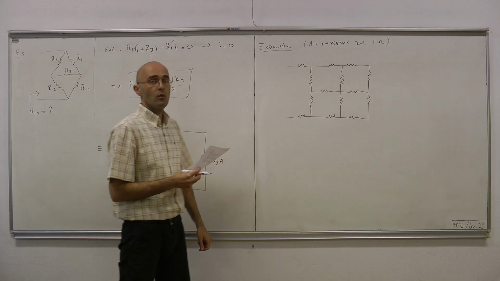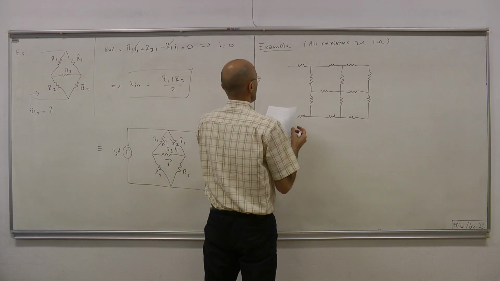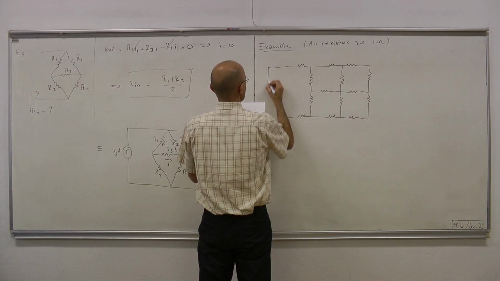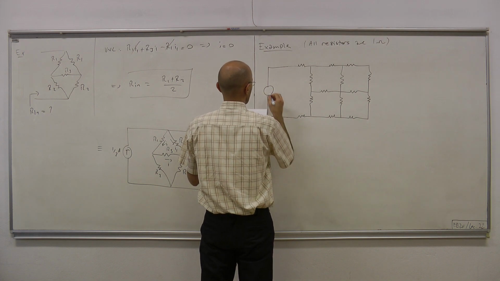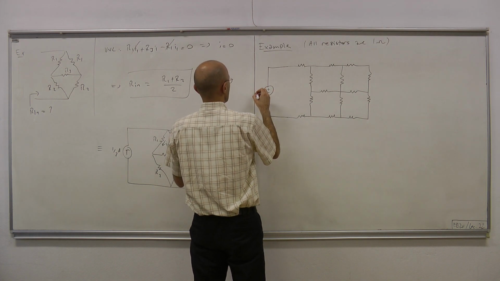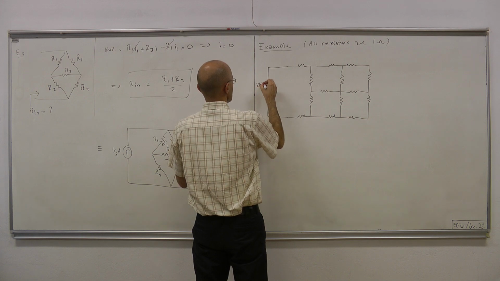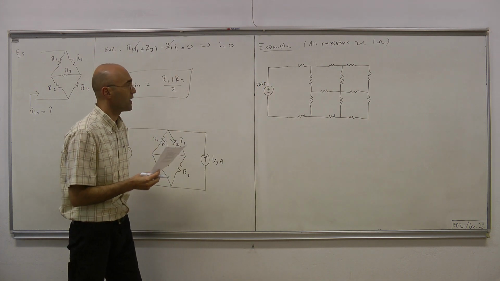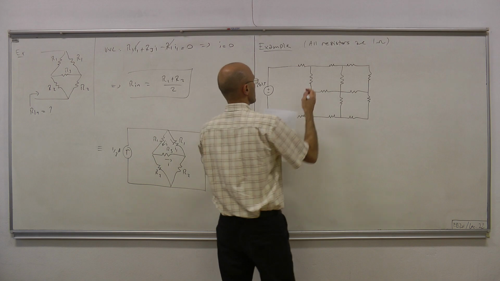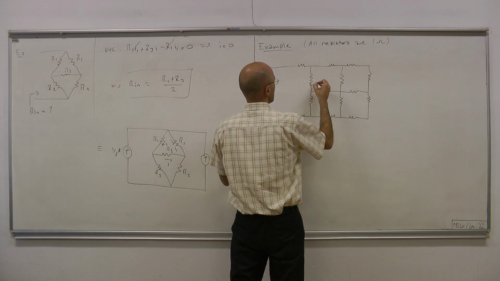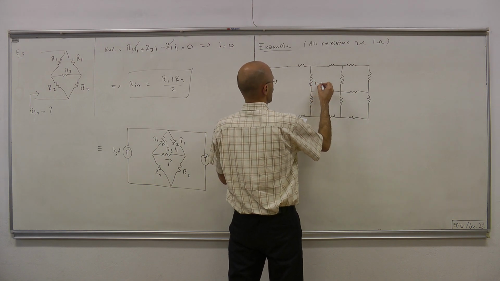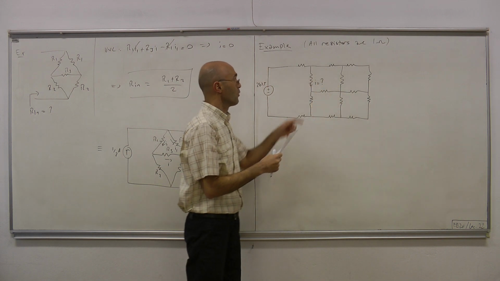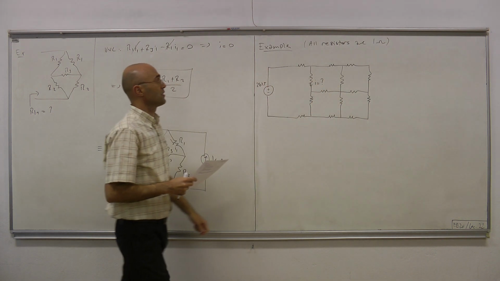And for this one port, the voltage source is connected, plus minus, and it's 26 volts. And we are asked for this current, the current flowing over this resistor here.